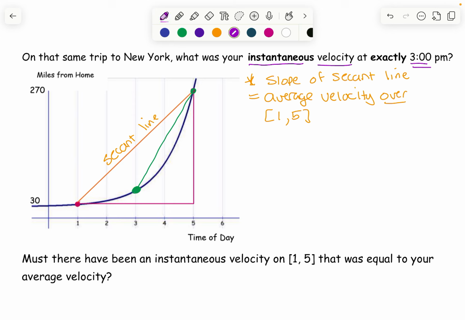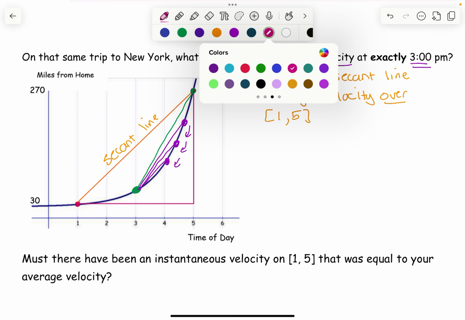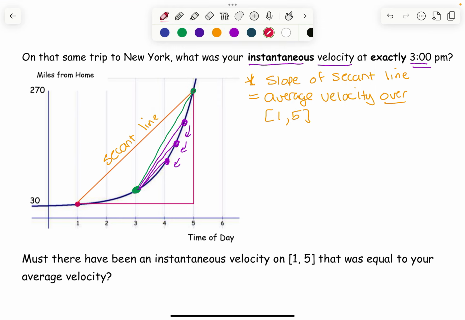And then we're going to start moving this point closer and closer to the green point. This tends to get messy when I draw it, but that's going to make a whole bunch of secant lines whose slopes we can find. If you do this limiting process, eventually you're going to get what we call a tangent line.